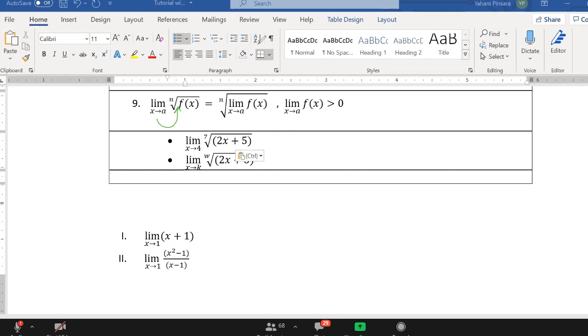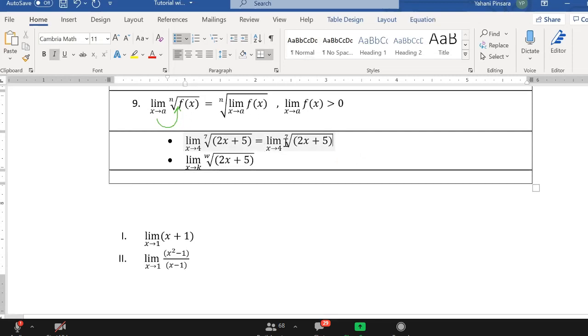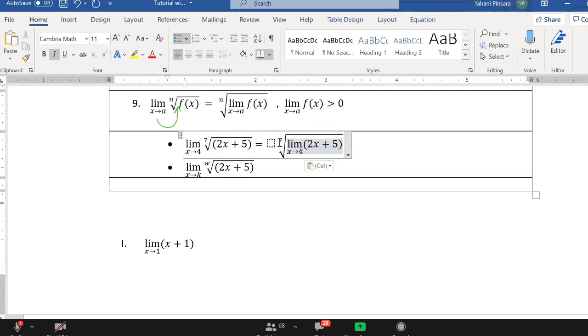So in that case, the answer for this one is, you have to take this limit inside. Okay, this is the answer.